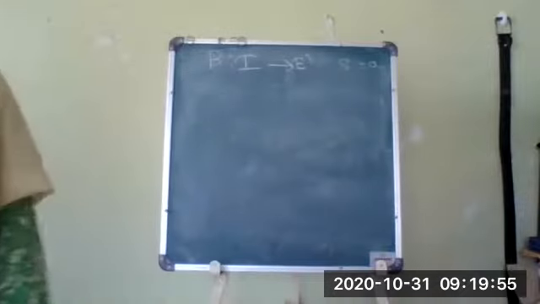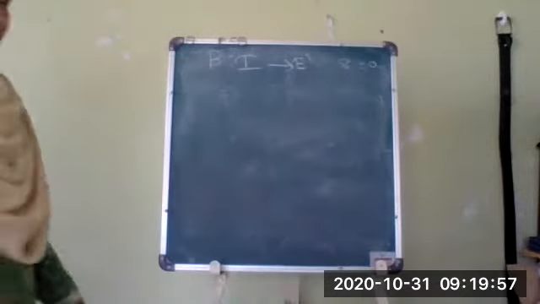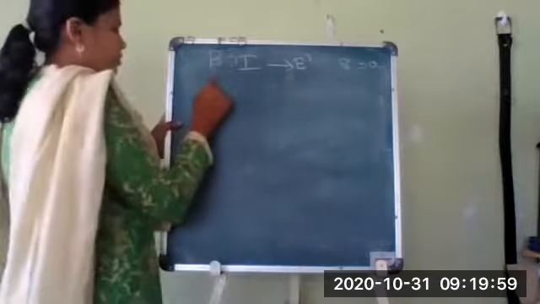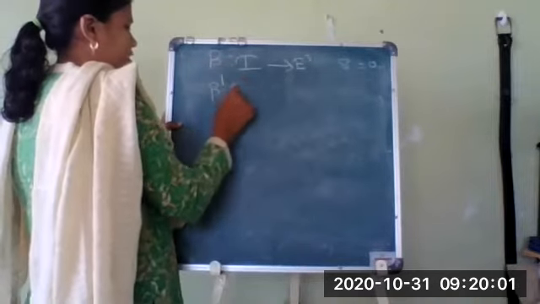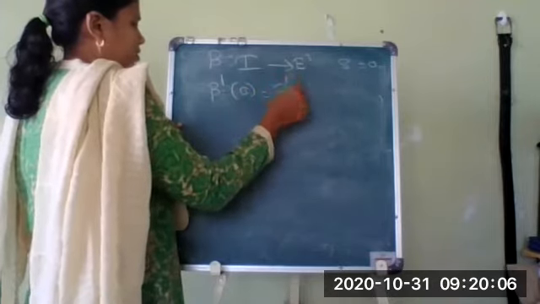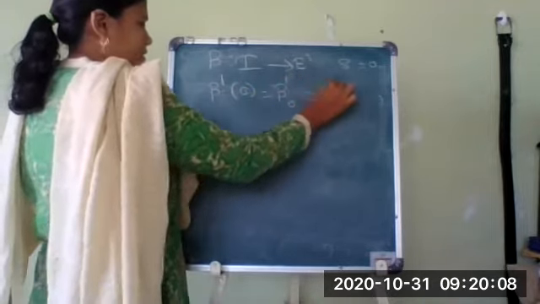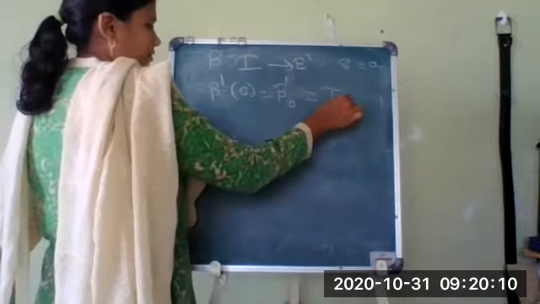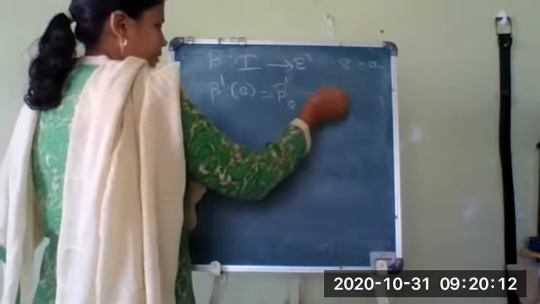As we are calculating all those values at s equals to 0, let me take beta dash of 0, we will call it beta naught dash. What is beta dash? We know that it is t, but we are calculating at s equals to 0, so let me name it as t naught.